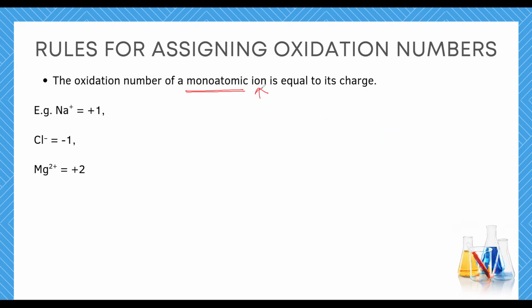By the way, an ion is simply an atom or a molecule that bears a charge. The charge can be positive or negative. So for example, we have sodium over here, Na. And Na is not just written ordinarily like that.